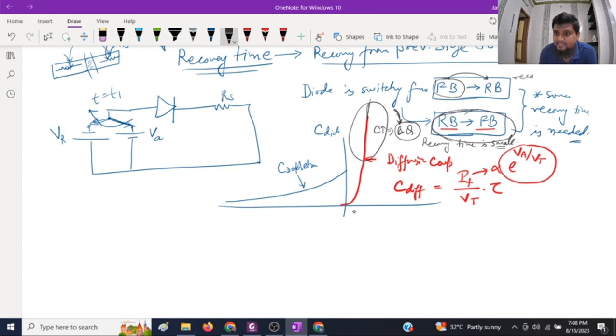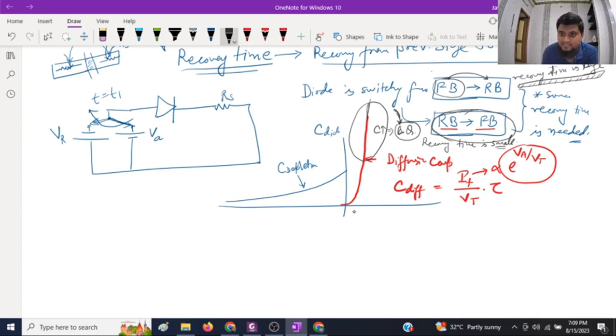So the recovery time is large, and that's why this is the bottleneck, the critical condition which we should address. That's why in all textbooks, for academic purposes or even experimental practical purposes, people deal with this forward bias to reverse bias recovery time.